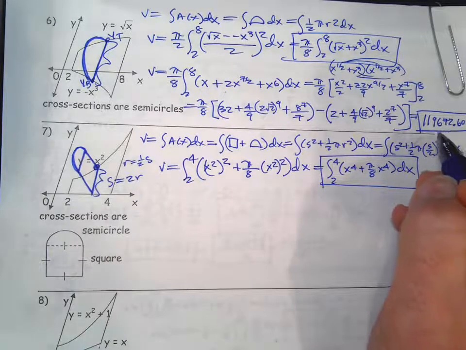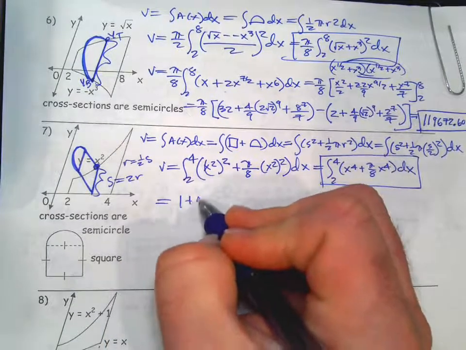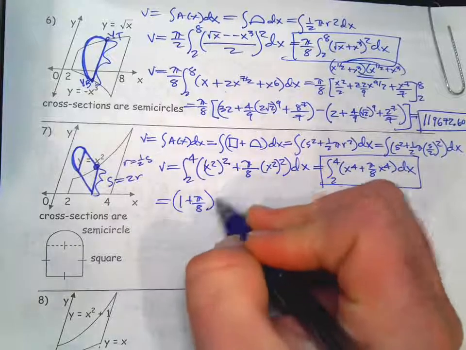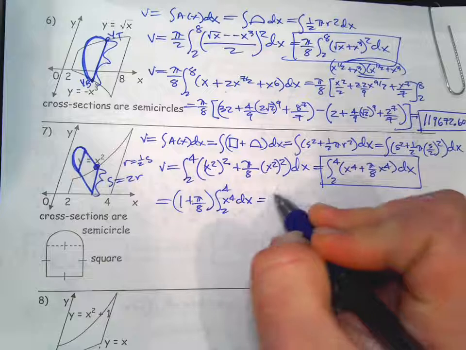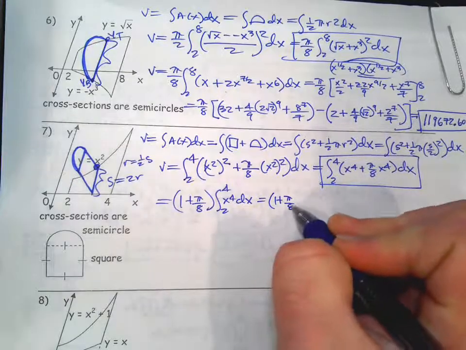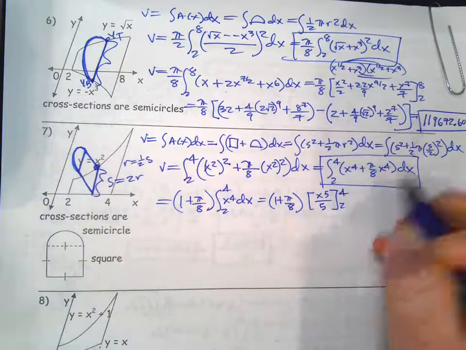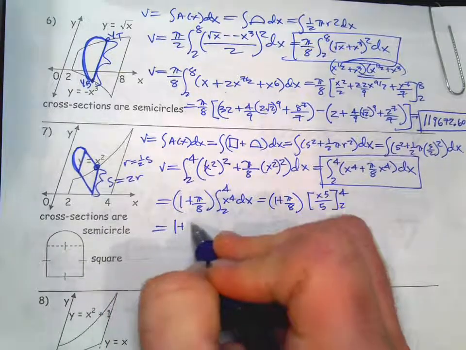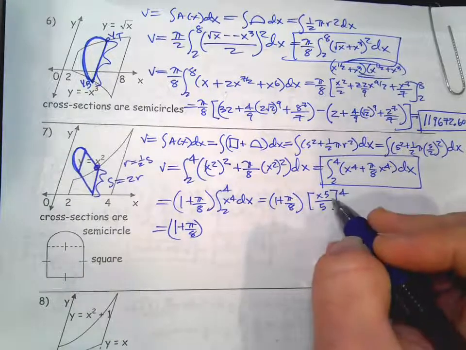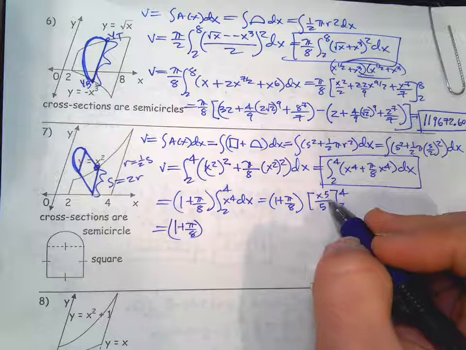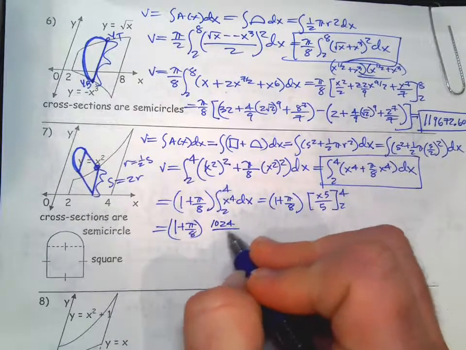If you do by hand, what we could do is we could factor the 1 plus pi over 8 out and do it like this. Cuts down on the terms. So the antiderivative is going to be x to the 5th over 5, 2 to 4. So that's going to be 4 times 4 is 16, 64, 256, 1024.